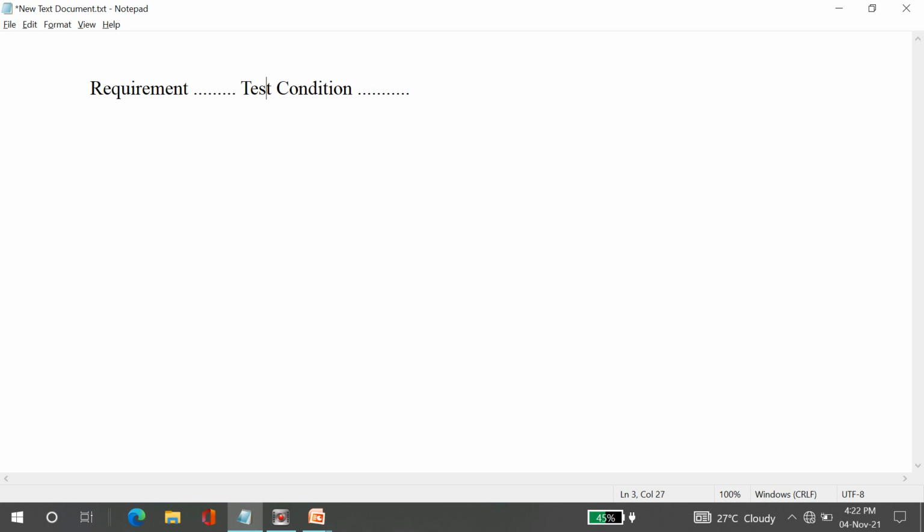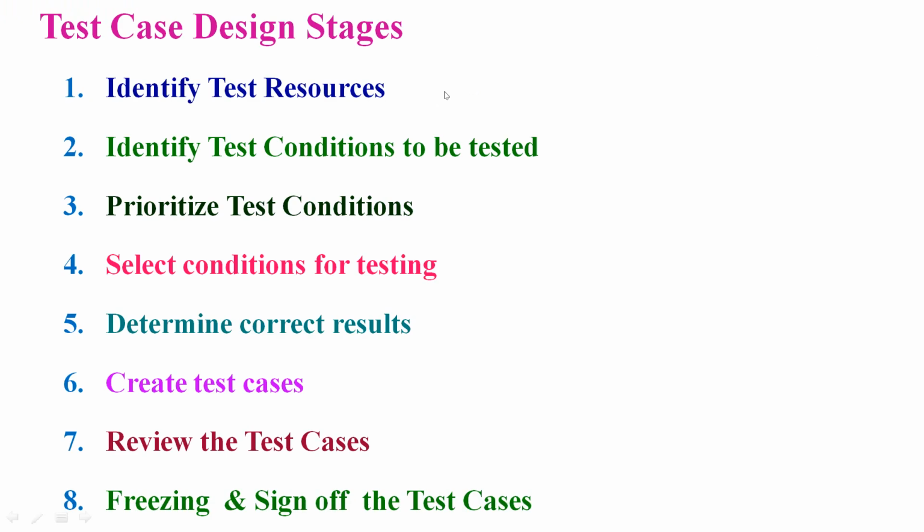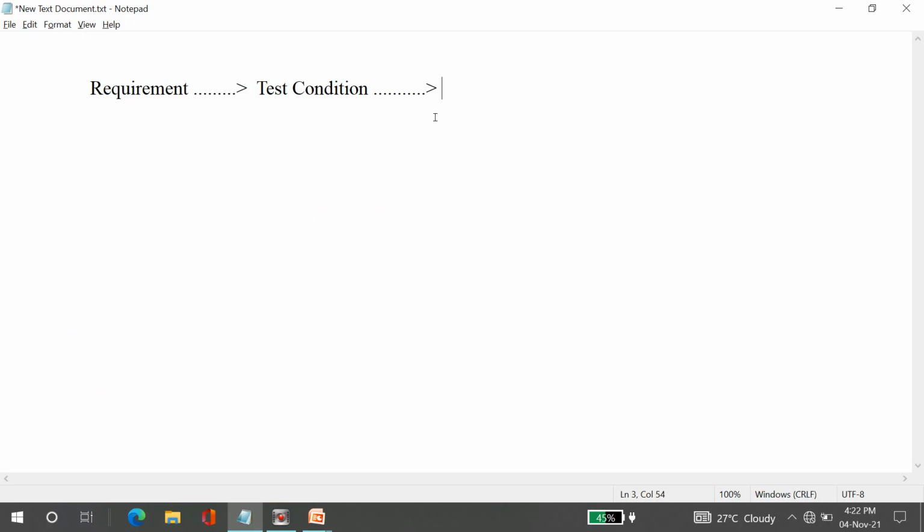So for each and every requirement, the software test engineer has to design the test condition. Now, after designing the test condition, what is the next stage? Prioritize the test condition. Each and every test condition has to be prioritized.